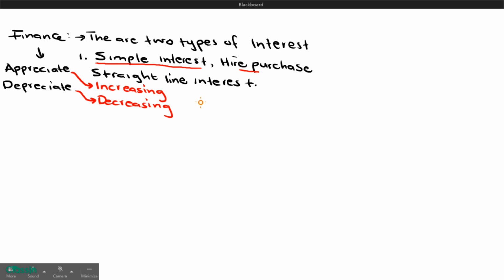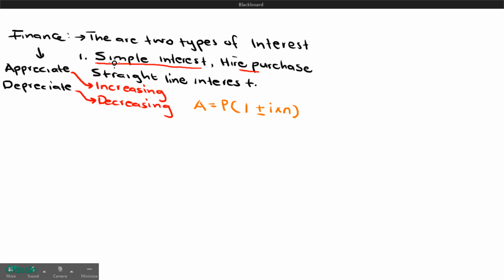Simple interest is defined by A equals P into (1 plus or minus i) multiplied by n. Now we're going to break this down and be able to tell each and every element that is here.